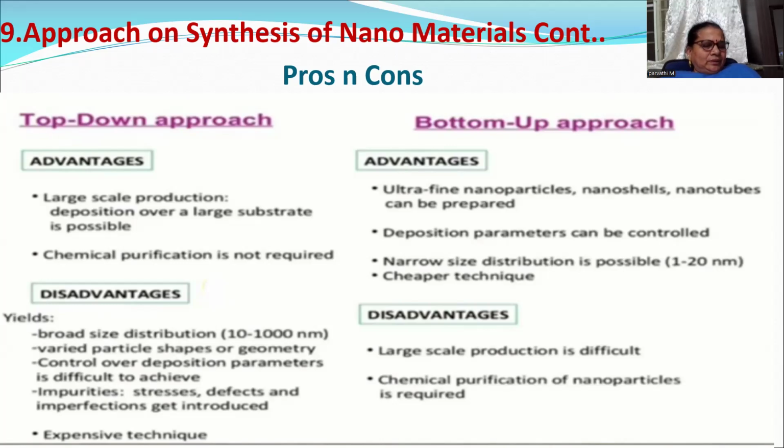So control over deposition parameters is difficult to achieve. Whereas the bottom-up approach, disadvantages, large-scale production is difficult. So chemical purification of nanoparticles is required. So these are some of the disadvantages. And a more expensive technique is top-down approach because we need to have that fine cutting tools we require for making the nanoparticles.